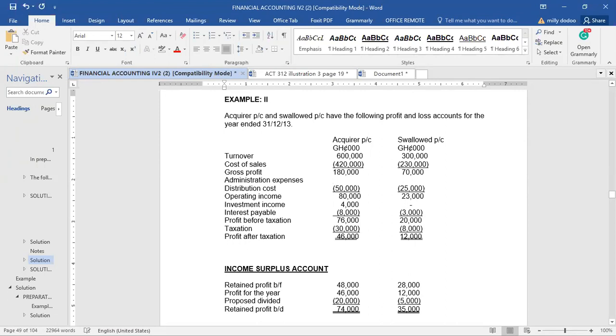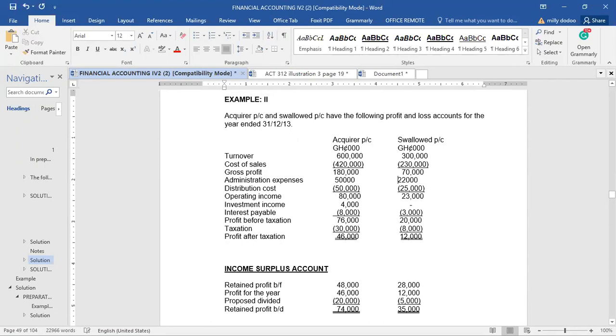So administration expenses of 50,000 has been omitted for the acquirer, and administration expenses of 22,000 has been omitted for the swallowed.